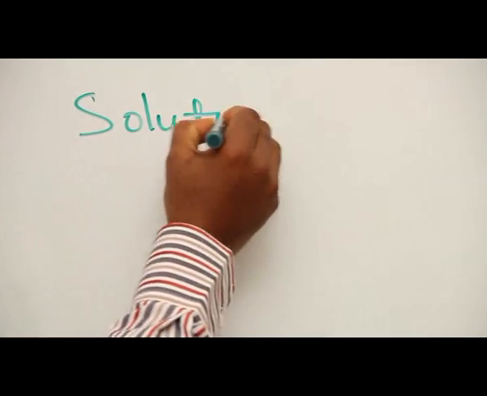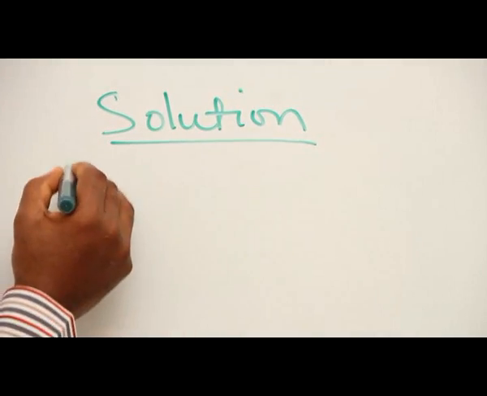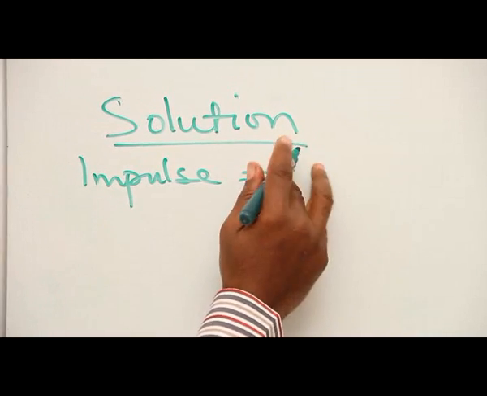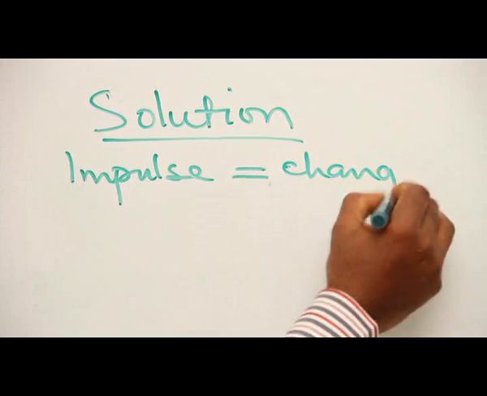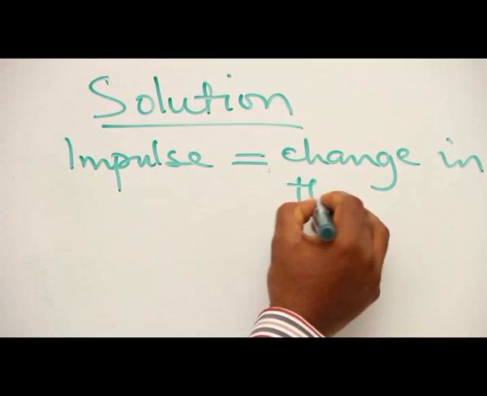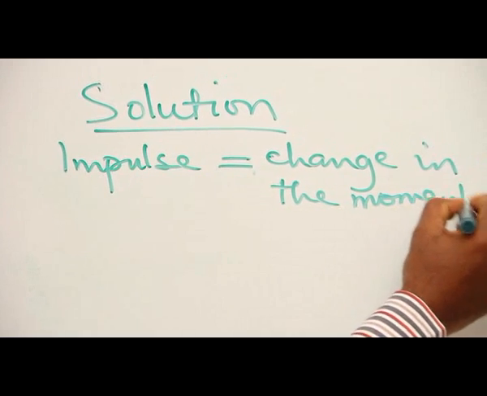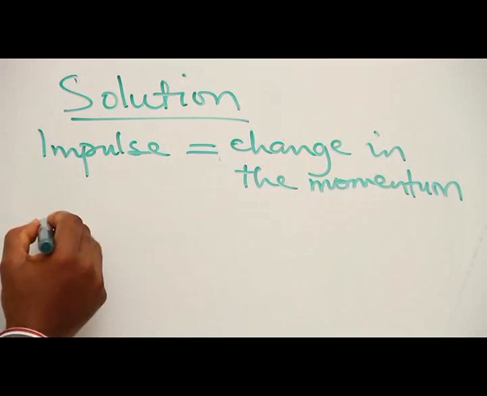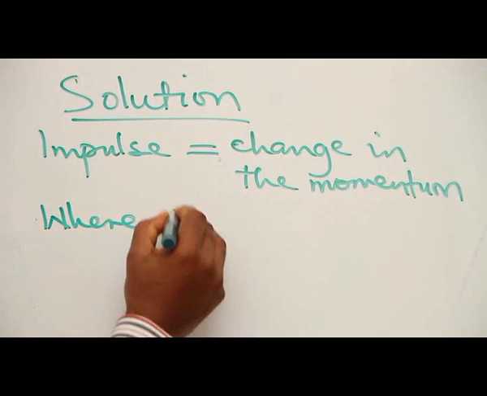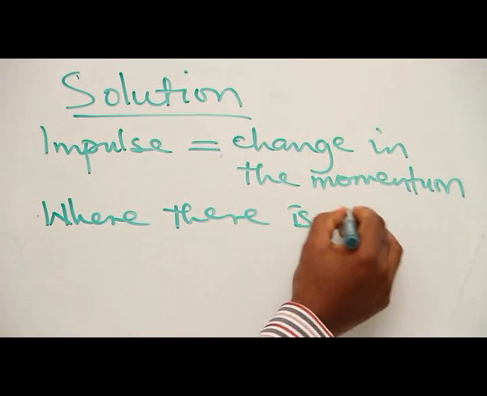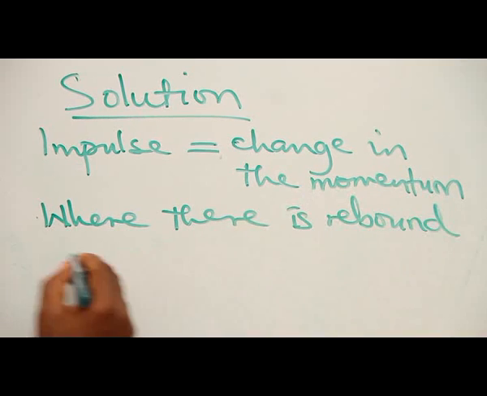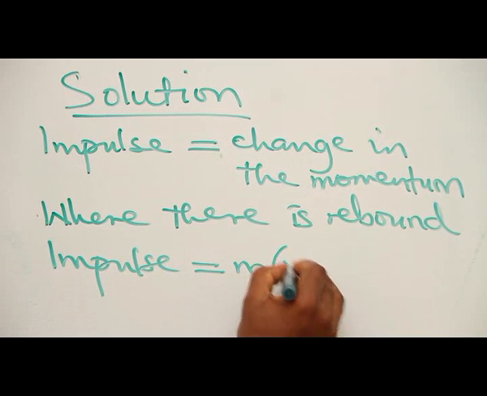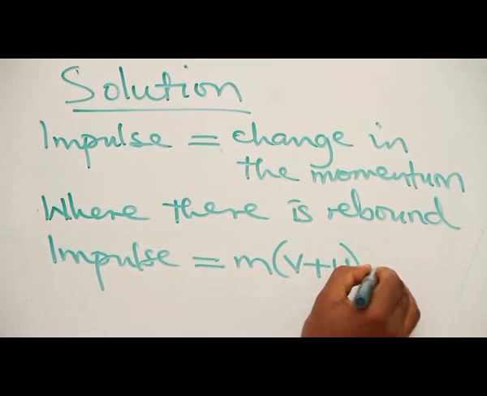Solution. Impulse is equal to change in the momentum of the body. Where there is rebound, impulse is equal to mass times the sum of the initial and the final velocity.